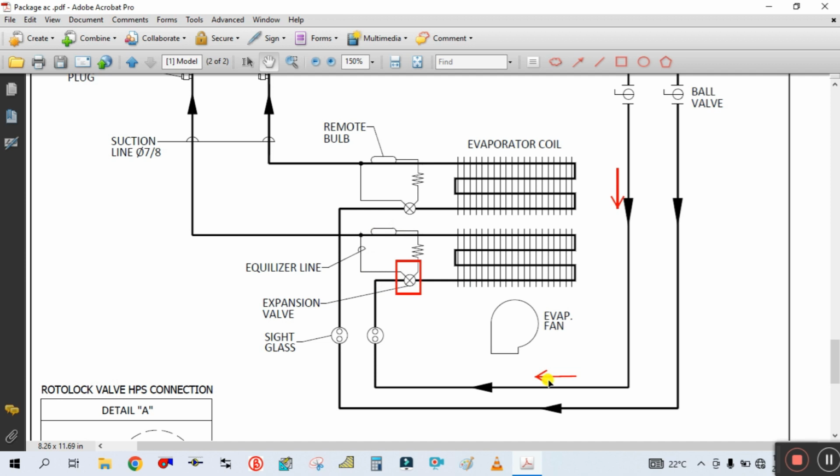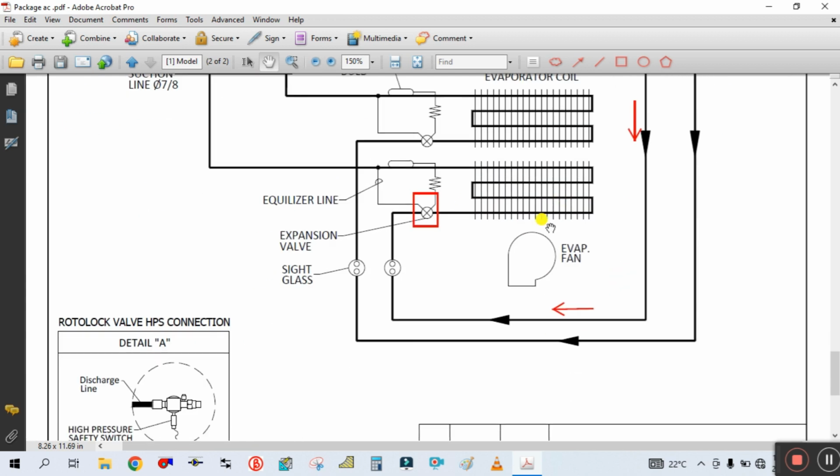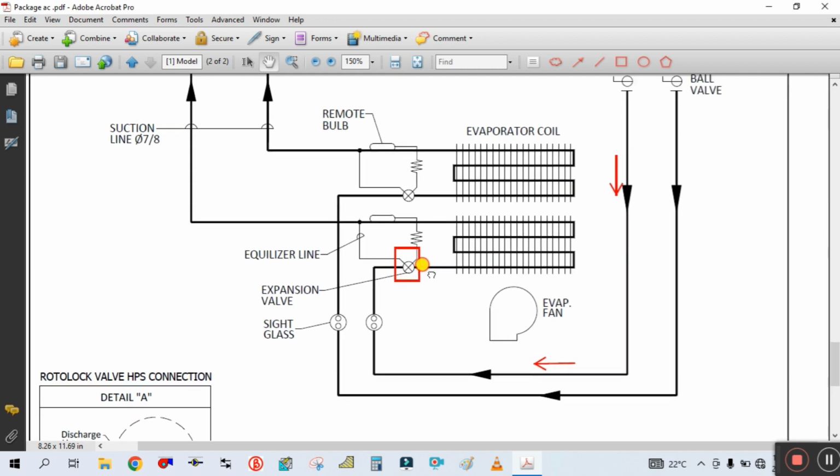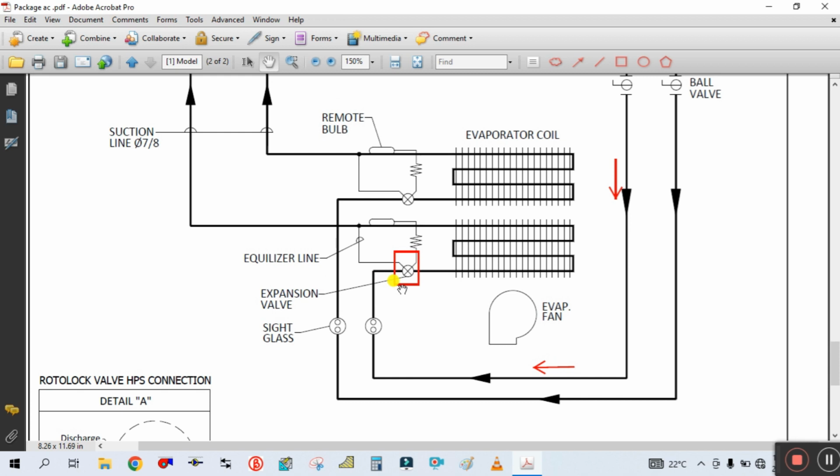So here the low pressure and low temperature liquid refrigerant is passing from this condenser coil to this evaporator. Before this, it will enter this expansion valve. In this expansion valve, the refrigerant will decrease its temperature as well as pressure, because in the expansion valve it will expand.